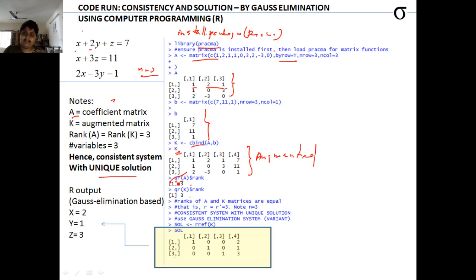Then the next step would be, you have to solve this. And the way to solve, if you remember from the Gauss elimination method, is that you will apply systematically row and column transformations.